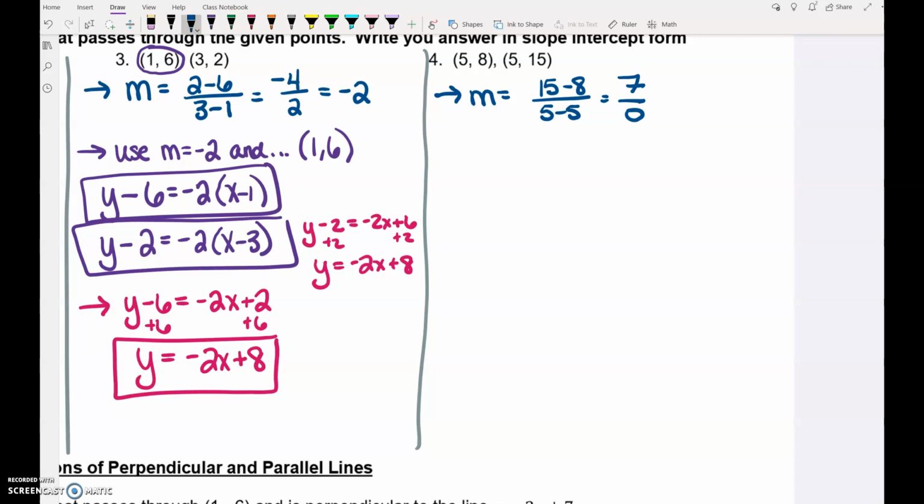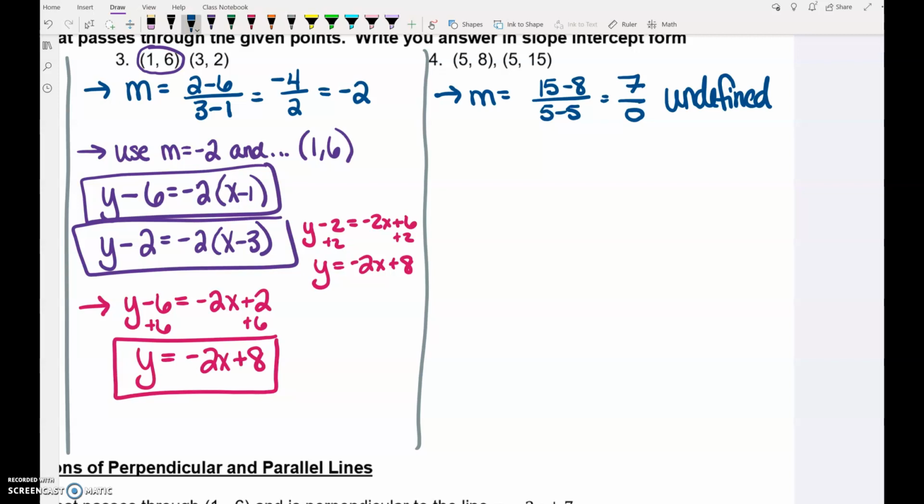What is that for a slope? Undefined. If you said 0, I know why you're thinking that, but just remember, whenever you see a 0, check it in your calculator. If your calculator tells you the answer is 0, the answer is 0. If your calculator gives you an error, that means it's undefined.